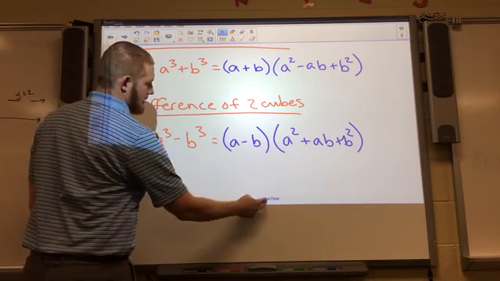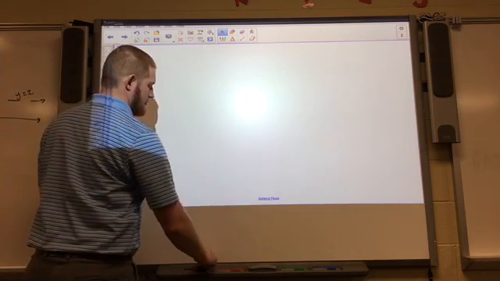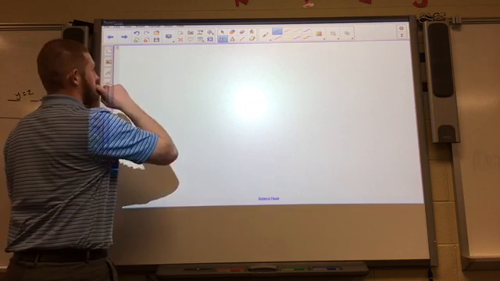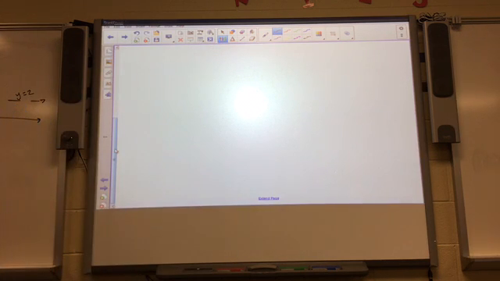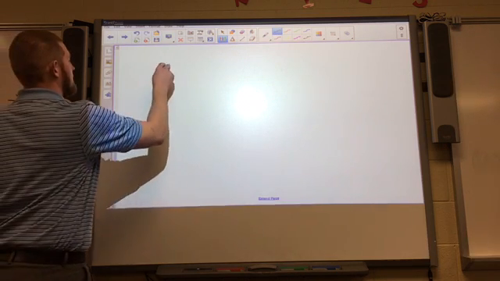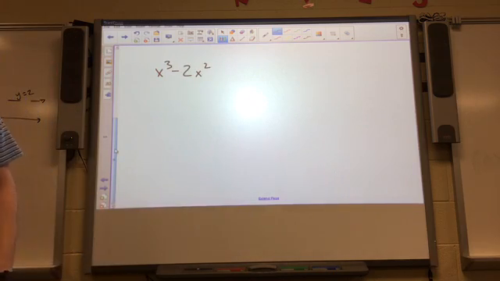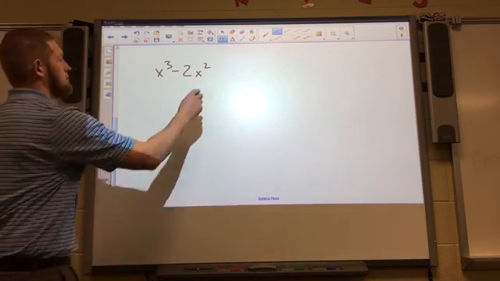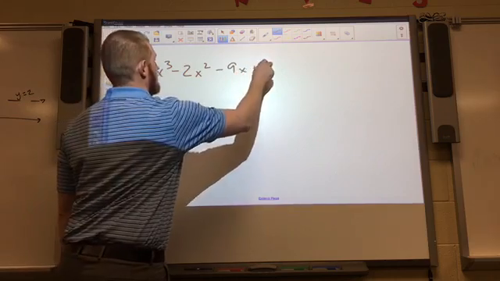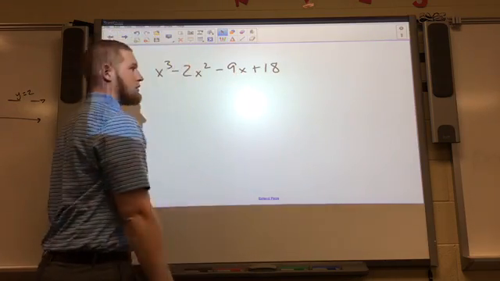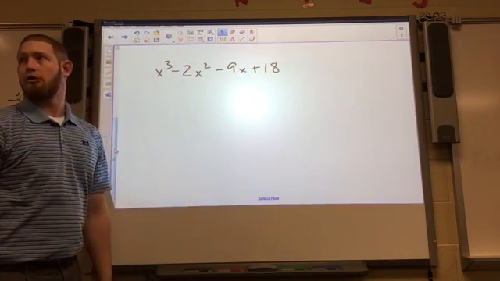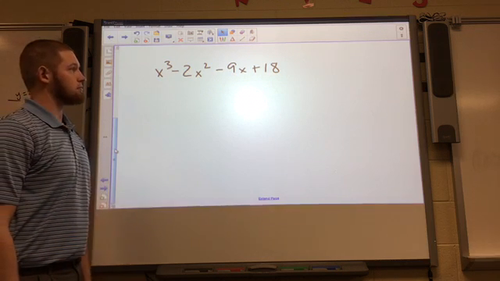And then our factor by grouping. Okay, so if I was factoring by grouping and I had this, what would I have to do here to factor by this?